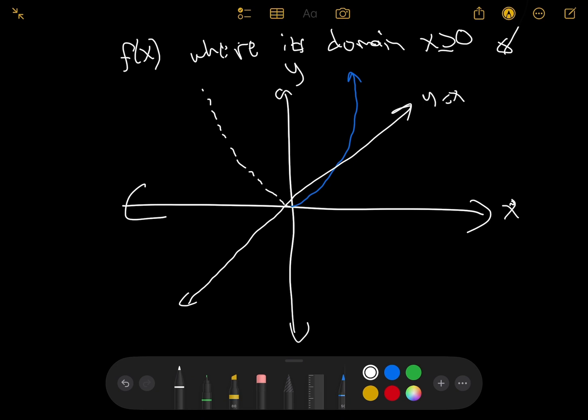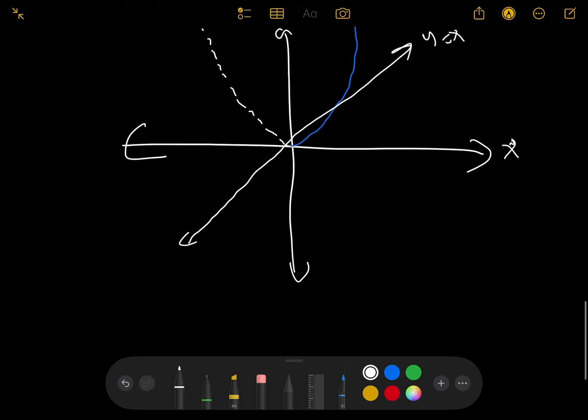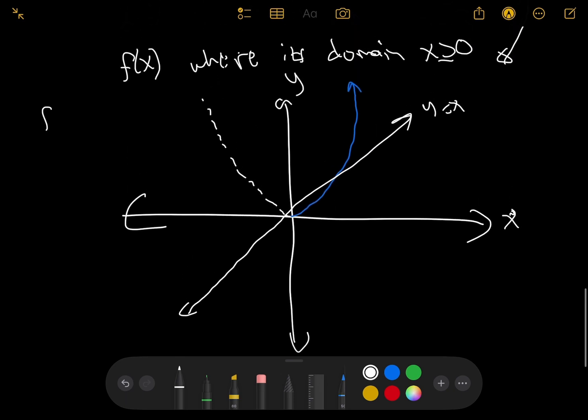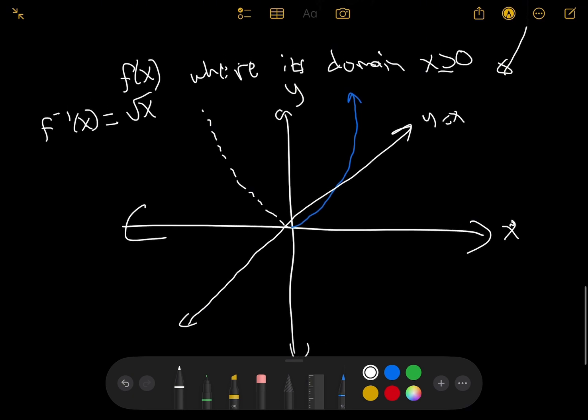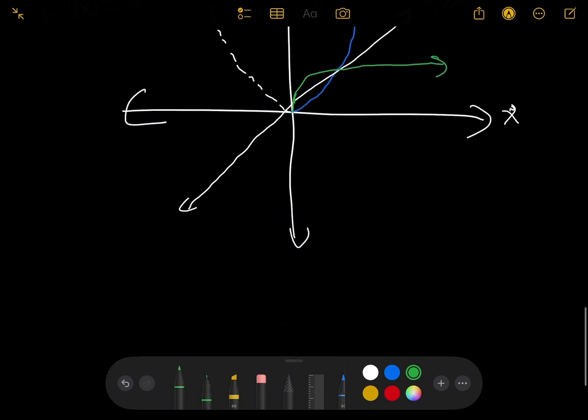And then what therefore becomes the inverse graph? The inverse graph becomes square root x, right? Let me sketch square root x, which will be something like this. Okay, so that is our square root x.